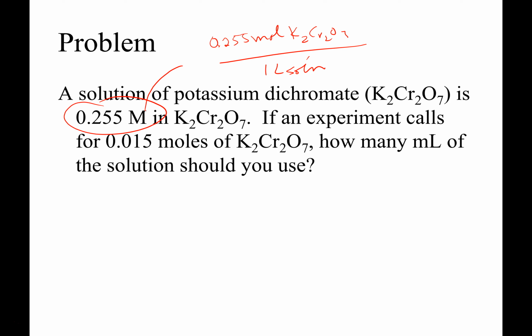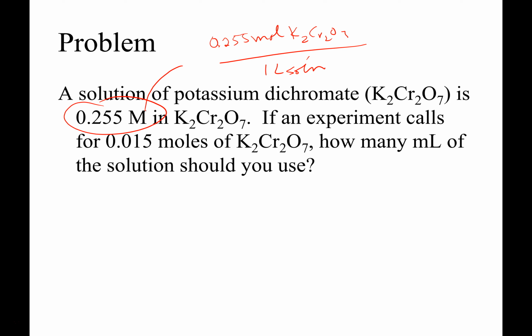All right, the experiment calls for 0.015 moles of K2Cr2O7. How many milliliters is that? So our first term actually is going to be that 0.015 moles of K2Cr2O7 over 1, and then I'm going to use the molarity to my benefit.